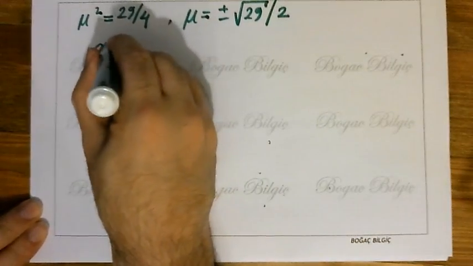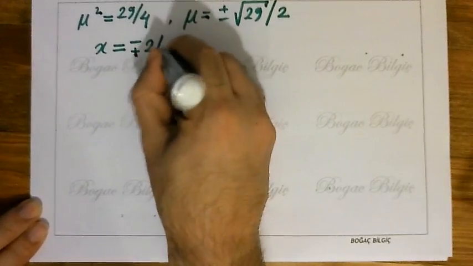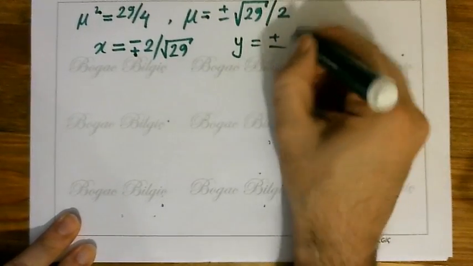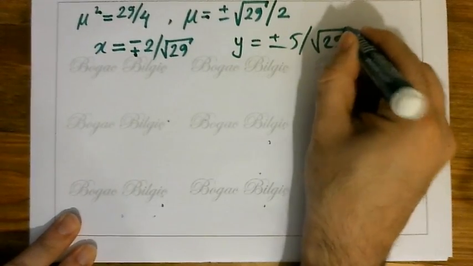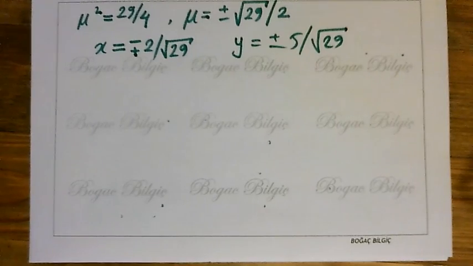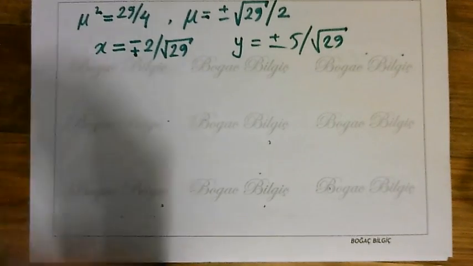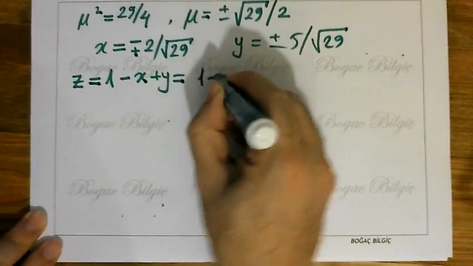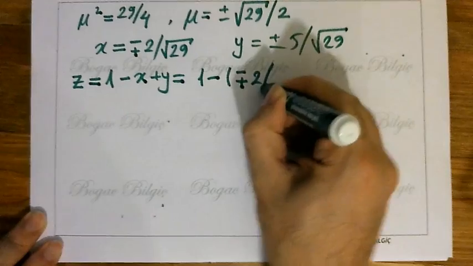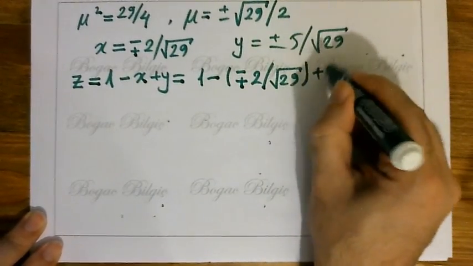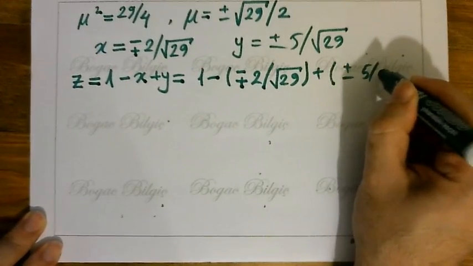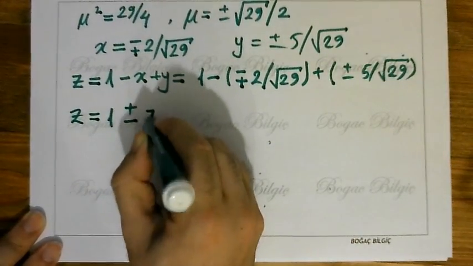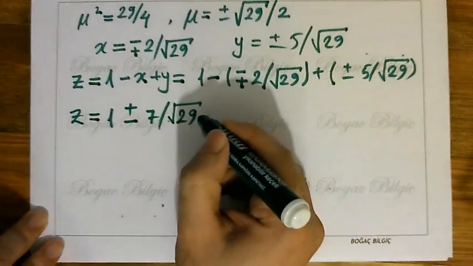Then x is minus or plus 2 divided by root 29 and y is plus or minus 5 divided by root 29, and from equation 4, z is equal to 1 minus x plus y, which is 1 minus the quantity minus or plus 2 divided by root 29 plus or minus 5 divided by root 29, and z is 1 plus or minus 7 divided by root 29.